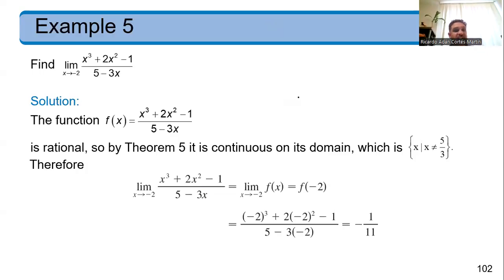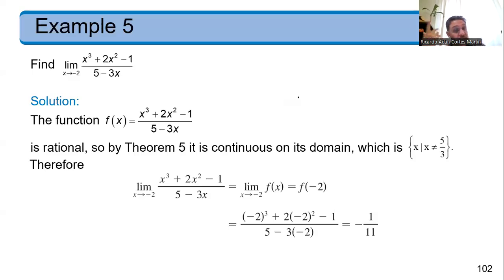So what is the limit of this? Do we have to make a factorization of this and this? No, not necessarily. Why? Because they are asking us for the limit when x goes to -2. Since this function is rational, we just have to make sure that the denominator is not 0.